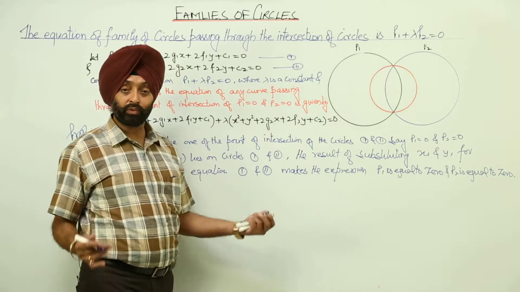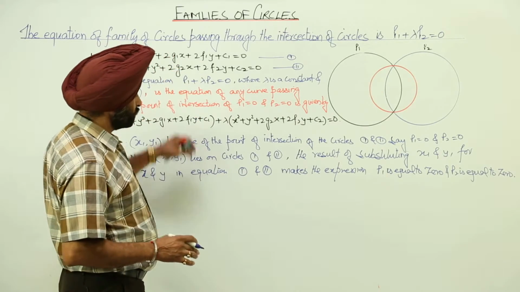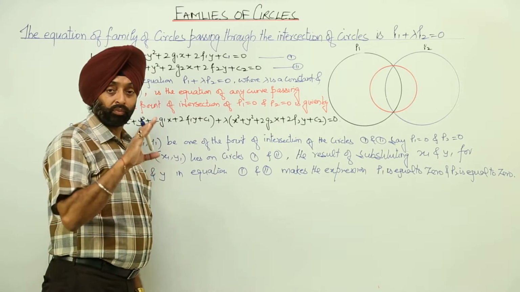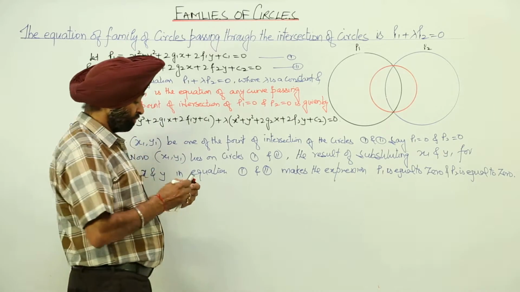If we put x1 and y1 in equation 1 and equation 2, then again the results for P1 and P2 will be equal to 0.